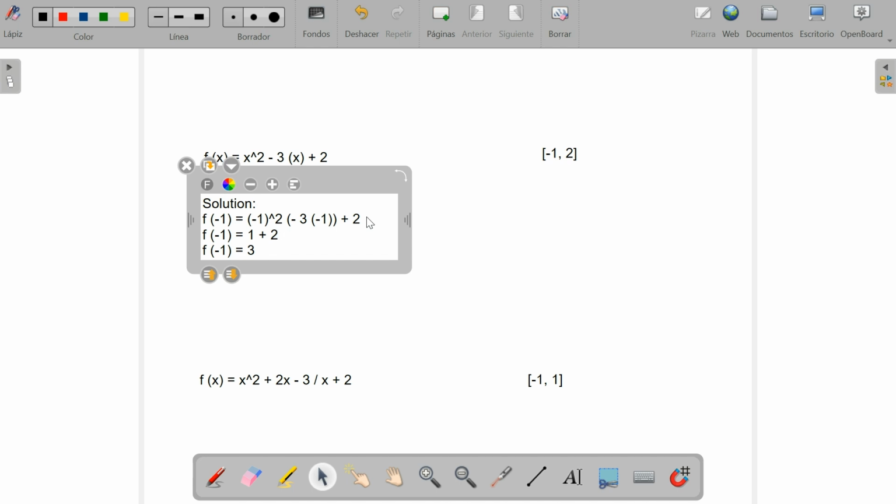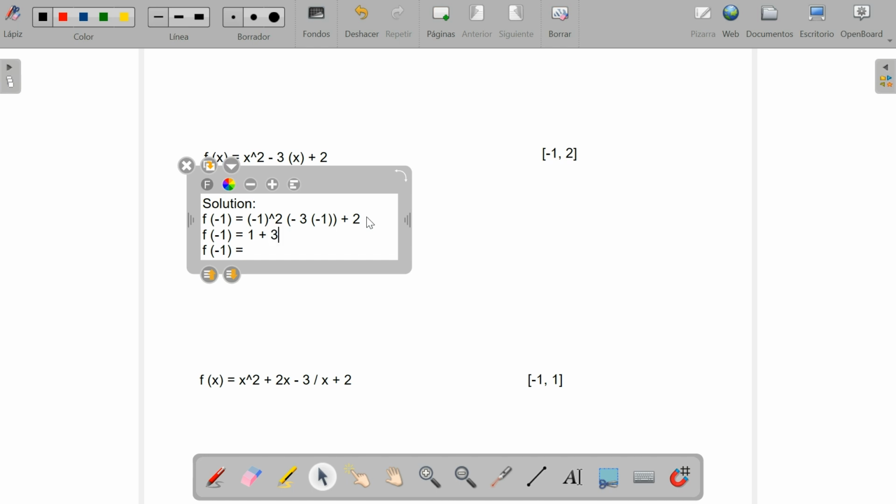Let's check this again just to make sure. Okay, remember that this is practical, and I also want you to do it the right way. 1 squared is just 1 times 1, which is 1. And 3 times 1 is equal to 3, positive.